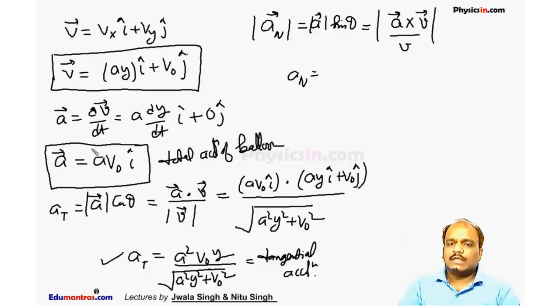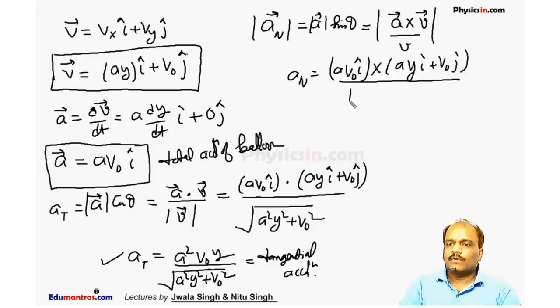So a is a v naught i cap cross a y i cap plus v naught j cap, divided by mod of v, which is root over a square y square plus v naught square.